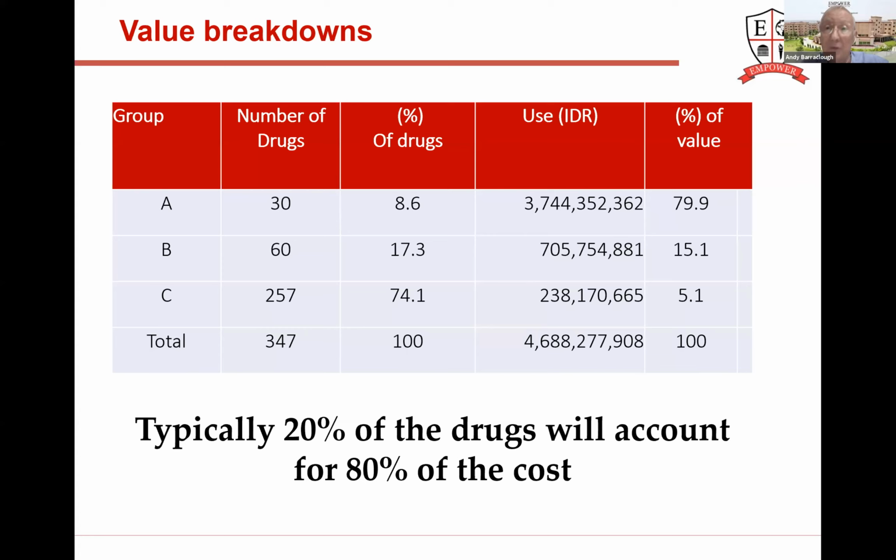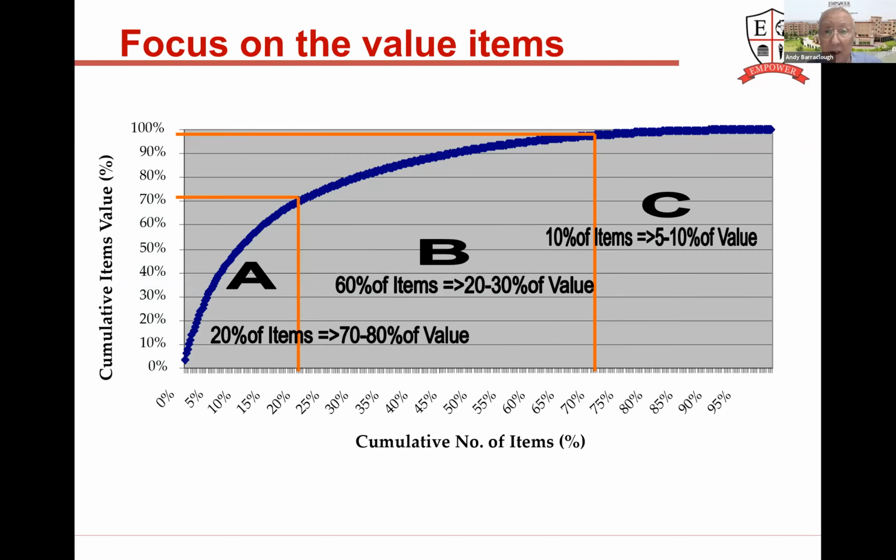We can think about tendering some items every year, the A group, the high cost items, but the other items just once every 3 or 5 years. And here is my chart of ABC analysis showing 20% of items at around 80% of the cost.